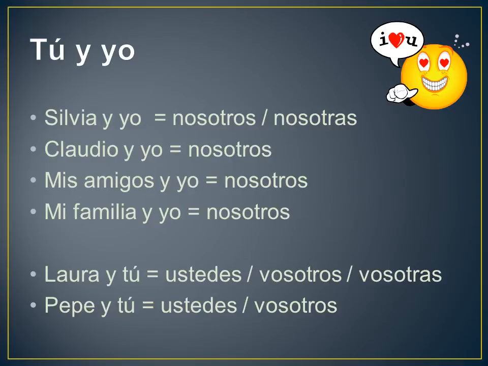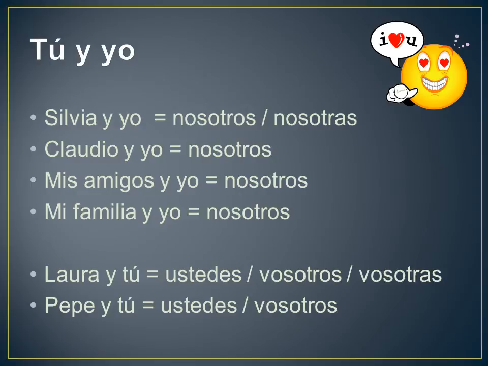Claudio y yo, nosotros. Mis amigos y yo, nosotros. Mi familia y yo, nosotros. Are you getting the idea that anyone else plus y yo is the same as nosotros?